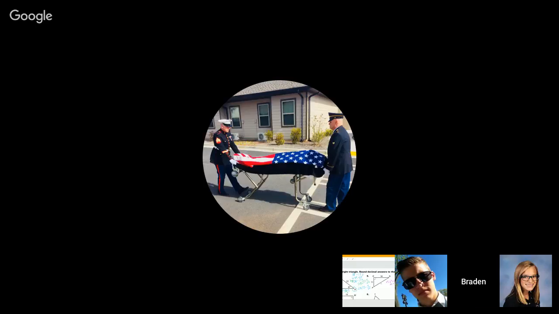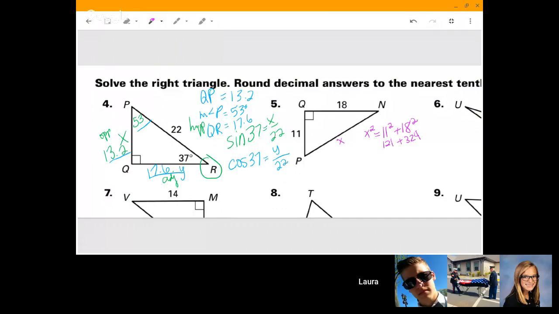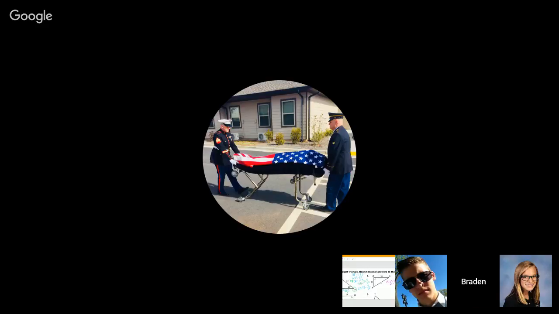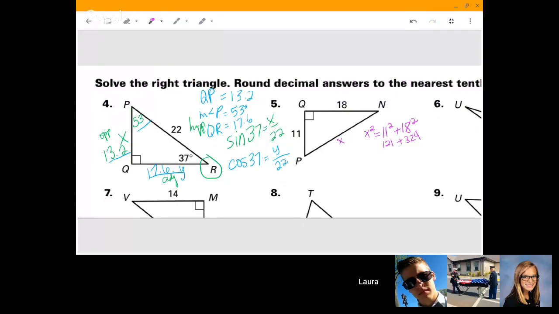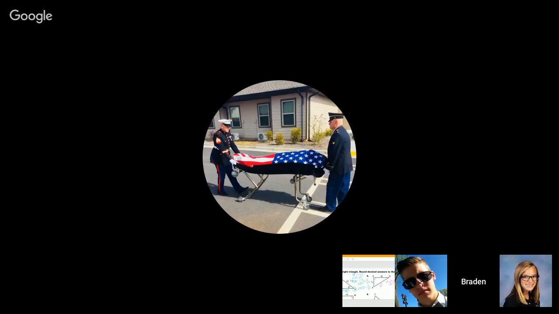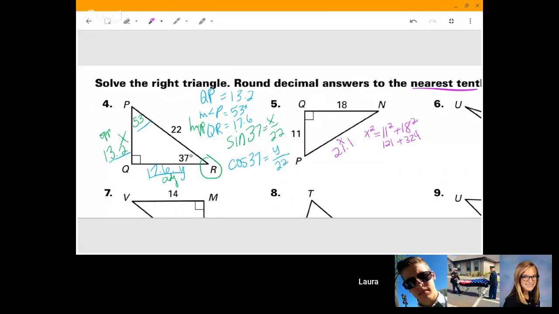X squared equals 445, but we have to wait. We do the roots. Right? Yeah, okay. So I got 21.09502311, and it wants us to round to the nearest tenth, was the instructions. So 21.1. All right, so that's the length of the hypotenuse.